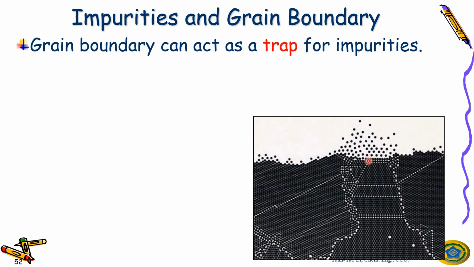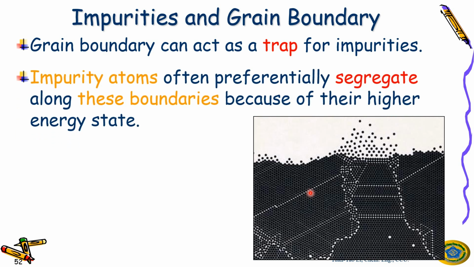So the grain boundaries can act as a trap for impurities. So impurities will be trapped in this place because there is a space. So you can have impurities, right? If this is atom A, you can have atom B here. Okay, so the impurity atoms often preferentially segregate along these boundaries because of their higher energy state. You can trap here.